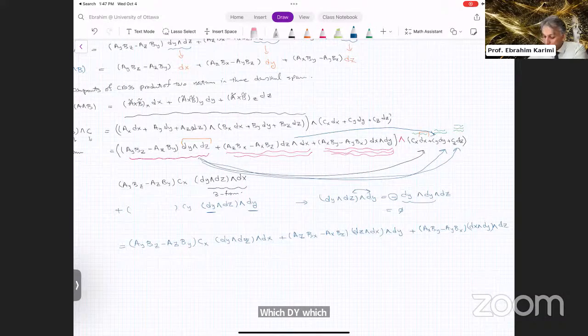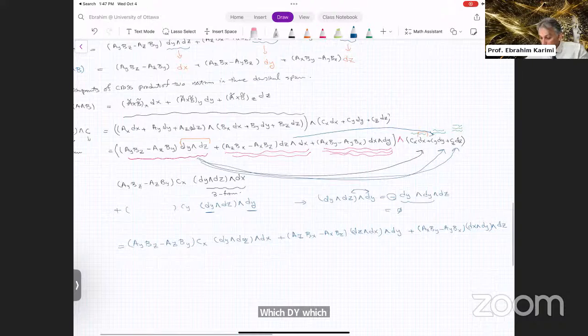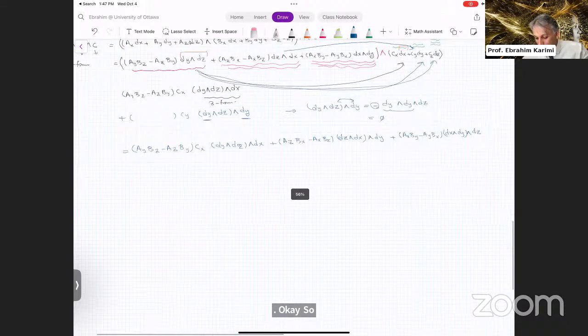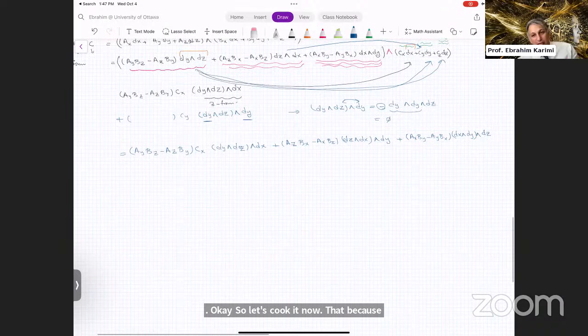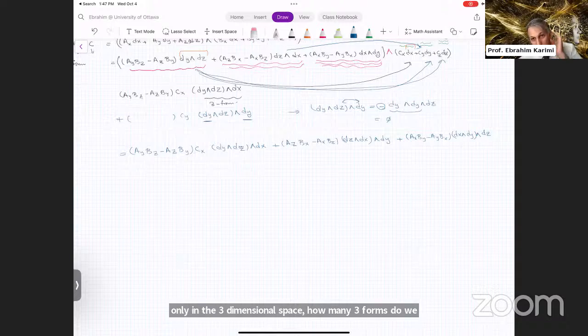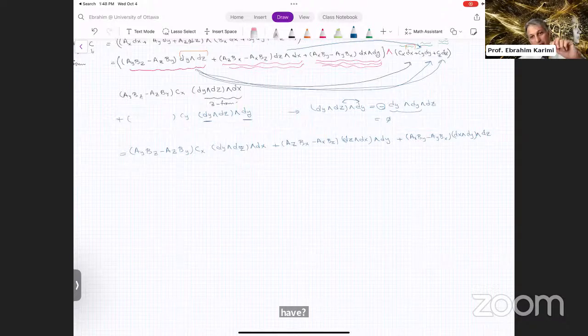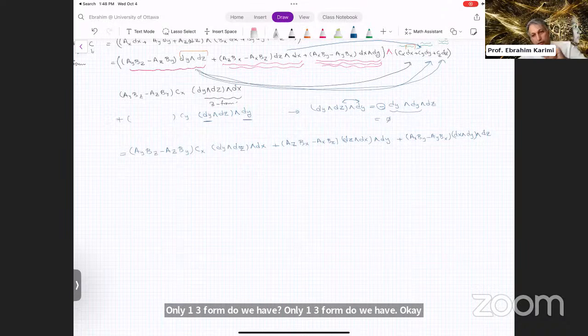Okay, so let's cook it now, because we know that in the 3-dimensional space, we have only one 3-form. So we have to write it as a positive sequence or positive permutation of x, y, and z.